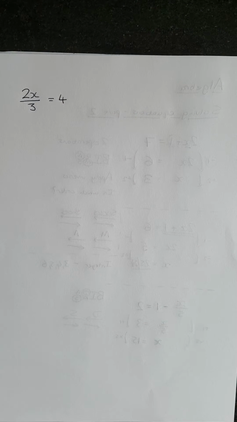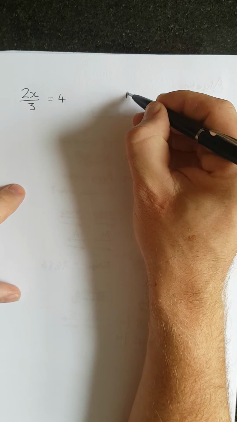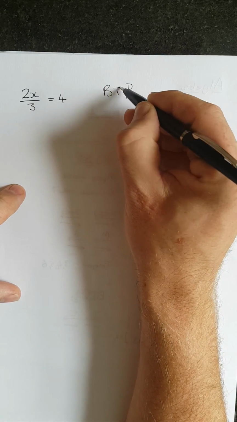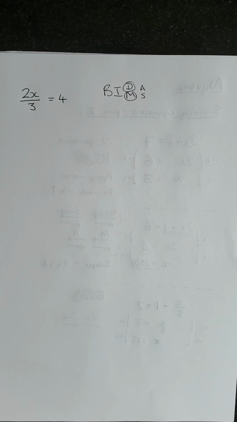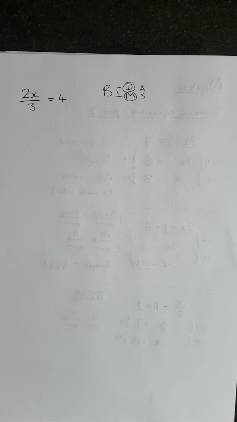What are the two operations that have been applied? That's right. x has been multiplied by 2 and divided by 3. If you remember, the reason we write BIDMAS like this is that it doesn't matter which of those two operations you do first.